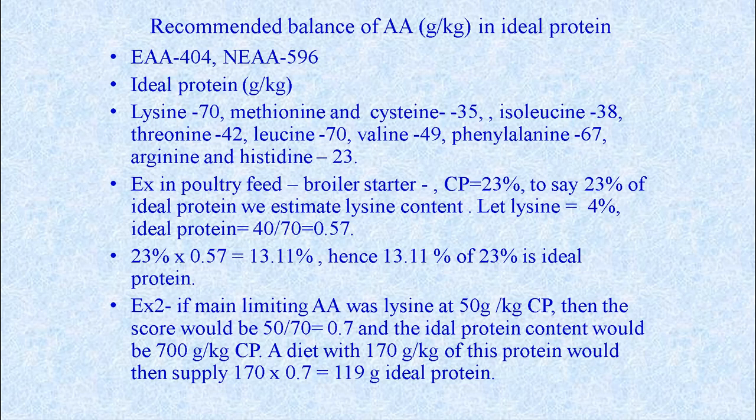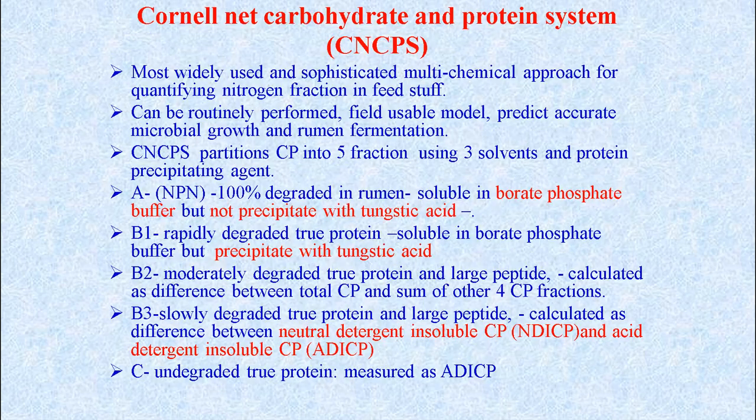In example 2, if the main limiting amino acid was lysine at 50 grams per kg of crude protein, then the score would be 50 out of 70, or 0.7, and the ideal protein content will be 700 grams per kg per day, or an ideal diet with 170 grams per kg of this protein would then be supplied.